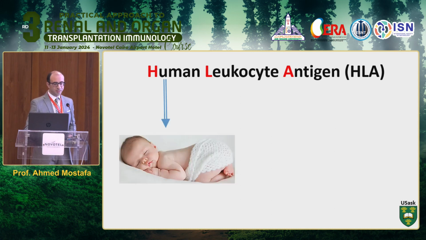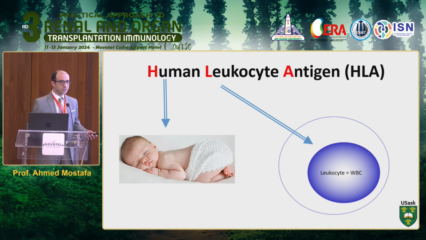Human comes from human, and leukocyte, because all the original experiments were done on the white blood cells. Later on, they found that human leukocyte antigen is expressed in all nucleated cells. So if I ask you, do red blood cells express it? No, because red blood cells do not have a nucleus.